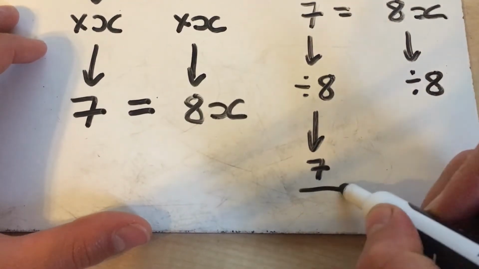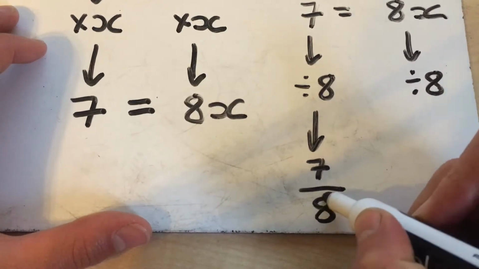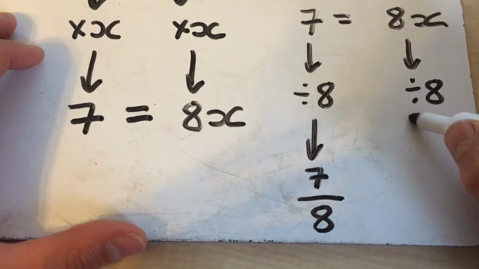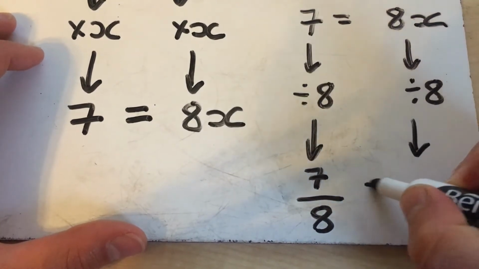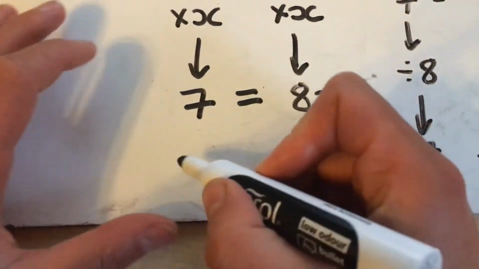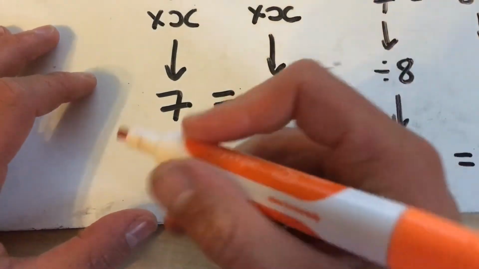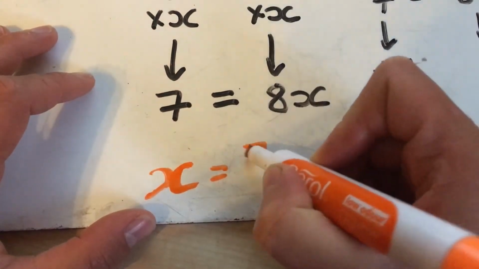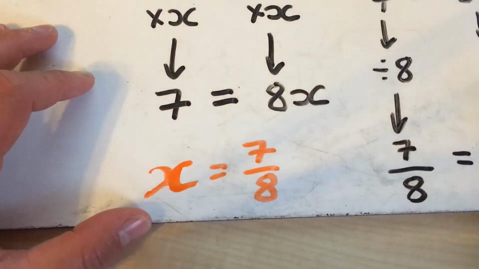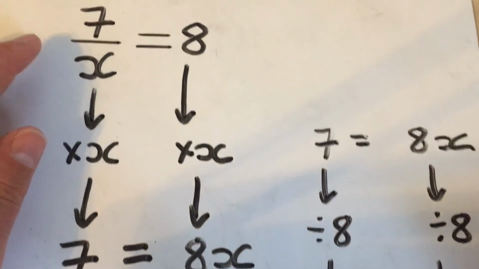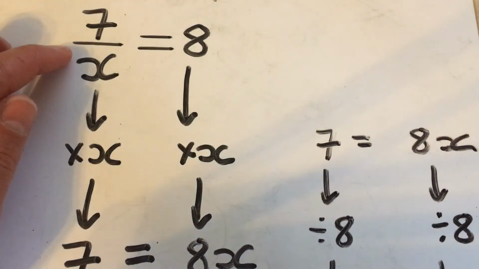Well, I don't know what that is without a calculator, so I'm going to leave it as a fraction. And of course, 8x divided by 8 leaves me with 1x. That is to say that x equals 7/8. And I quite like to write my answer down left to right. So x equals 7/8 is my answer. It's the solution to our original equation.